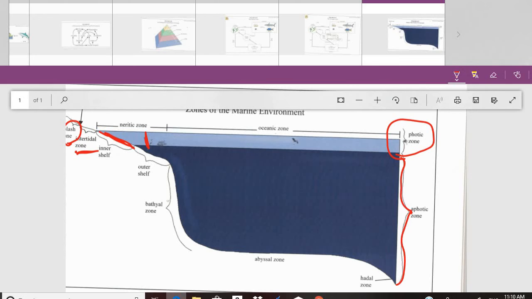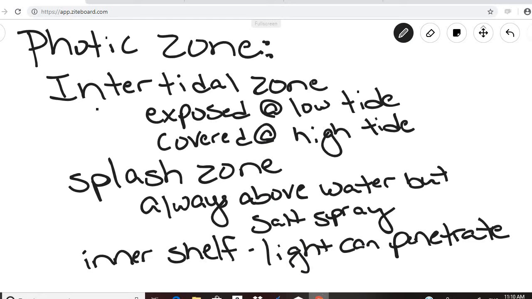Okay, then a couple other areas that we'll talk about: the bathyl and abyssal zones. Let's go back to our whiteboard.